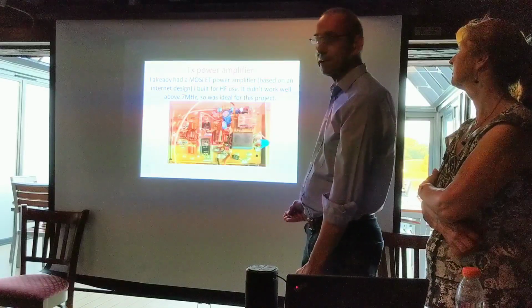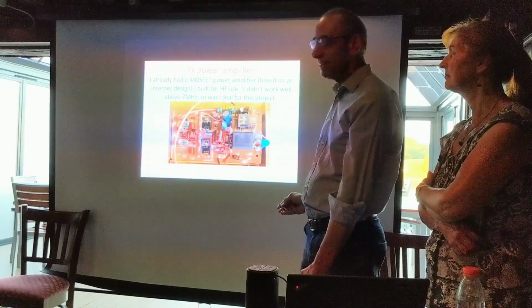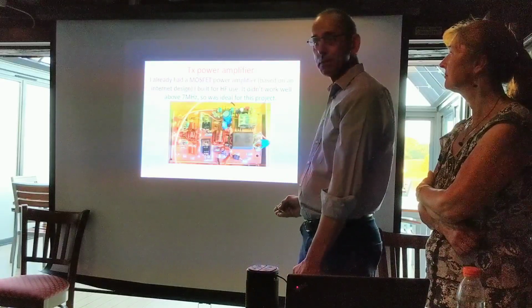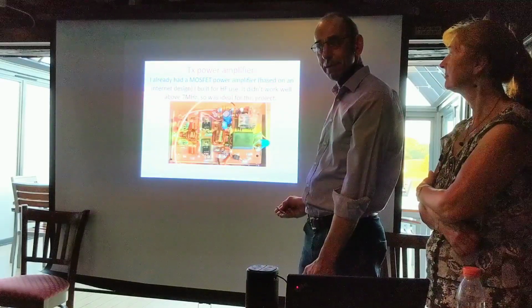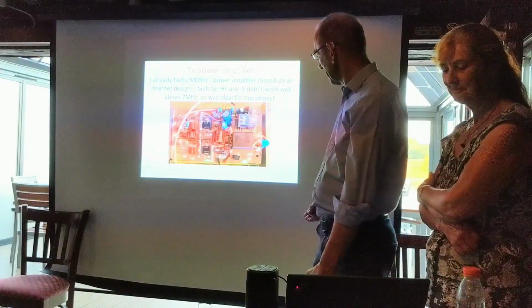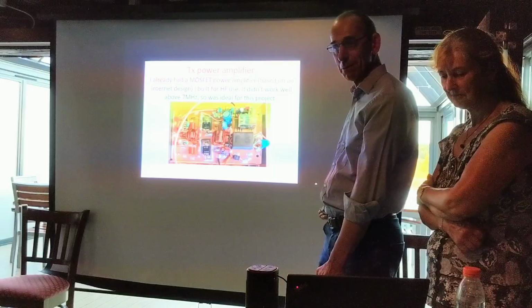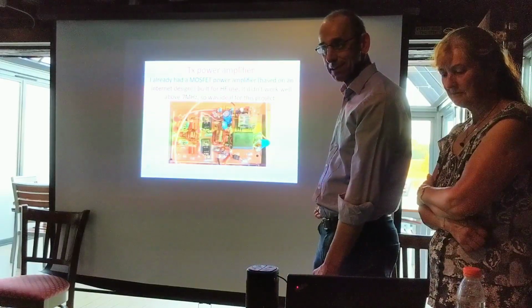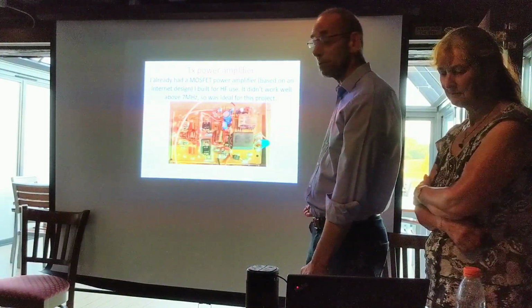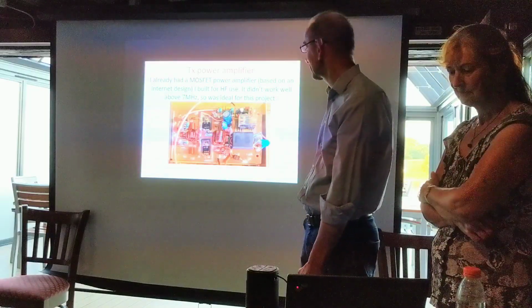And it didn't work, as these things don't. It really didn't give much out above 80 metres. So it went back in the junk box, and then I thought, oh, that would be brilliant for 472 kilohertz. So out it came, and the only modification I made was to add a bit of extra capacitance to the output just to stop it whistling at higher frequencies. But it was already made, so why not use it? You could probably buy something off the internet if you wanted to do that.